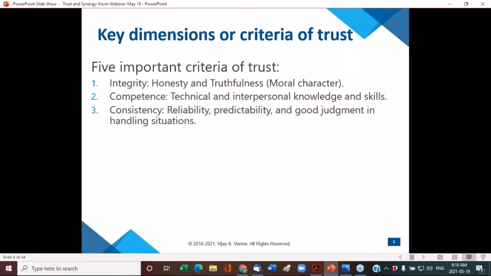You believe that. Then the consistency, that's very important. In trusting relationships, you want to make sure that they're reliable, they're predictable, and they have good judgment in handling situations. For managers especially, if there is an inconsistency between words and actions, it means they say one thing and mean something else.